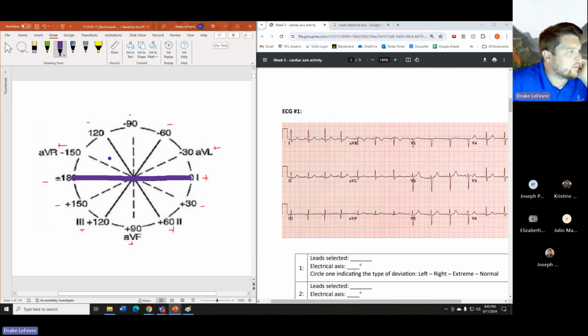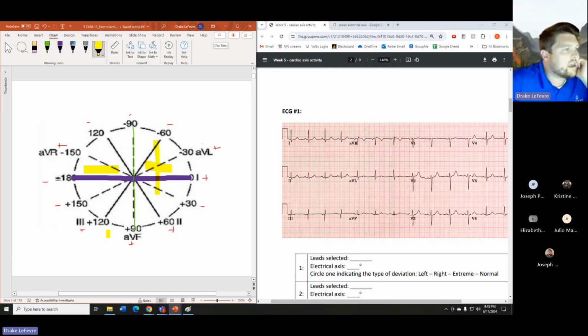We can see to the right is positive. So we look at the perpendicular line, the line that's perpendicular to our lead 1. Everything to the right is positive. Everything towards the negative side is negative. Okay? Are you following with me so far?